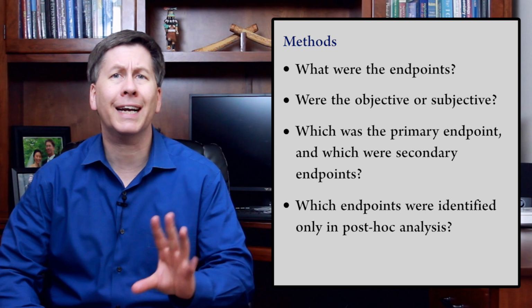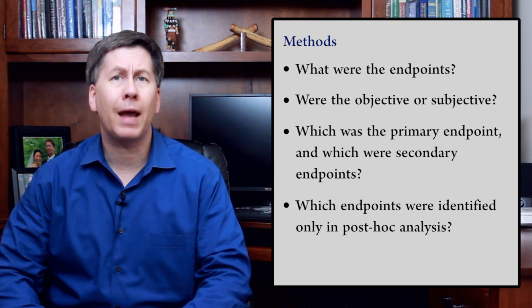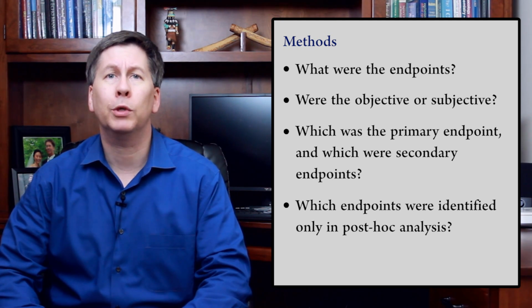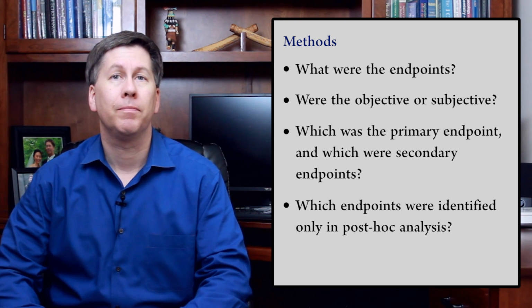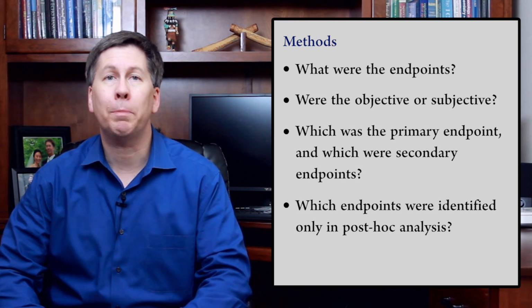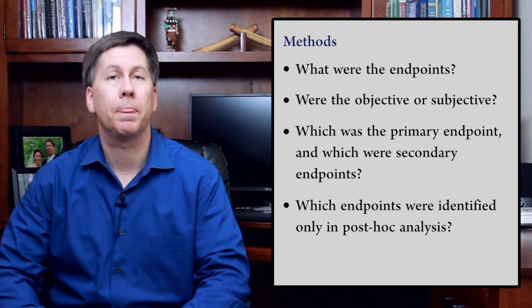Regarding primary versus secondary endpoints, the primary endpoints are those for which the trial was principally designed. They are the O in the PICO format. Primary endpoints are the outcomes for which the study was powered, that is, the sample size was determined based upon the size of a clinically relevant effect for those outcomes.